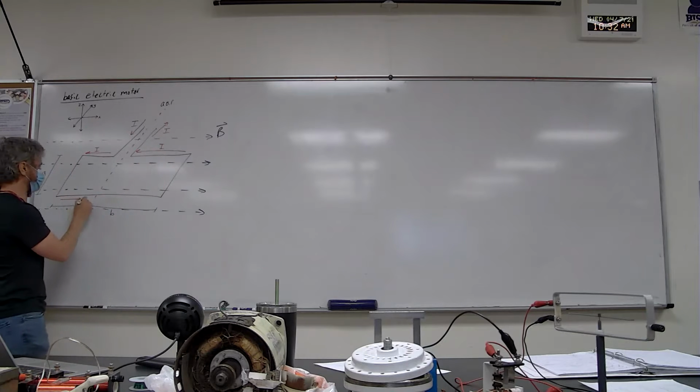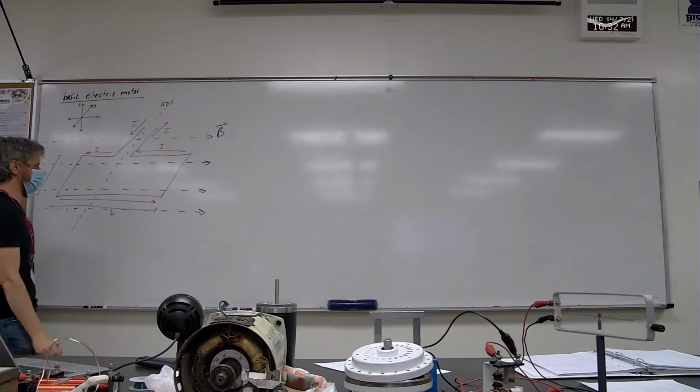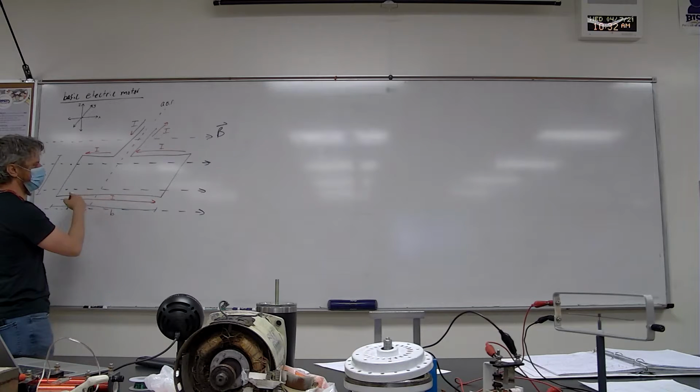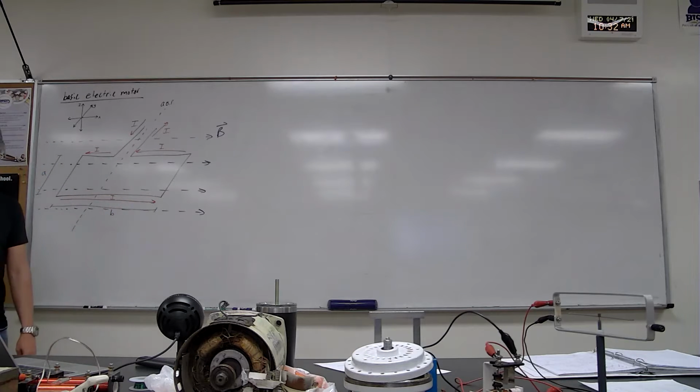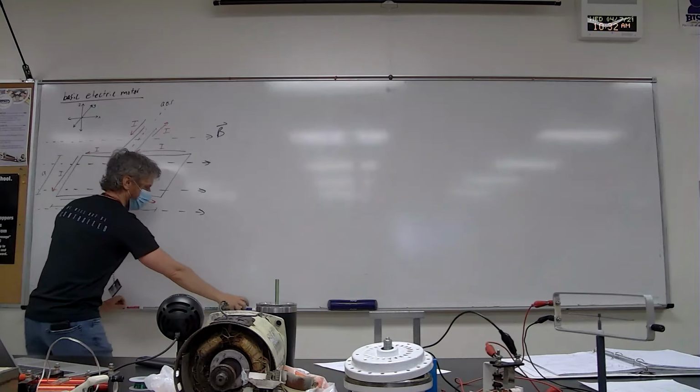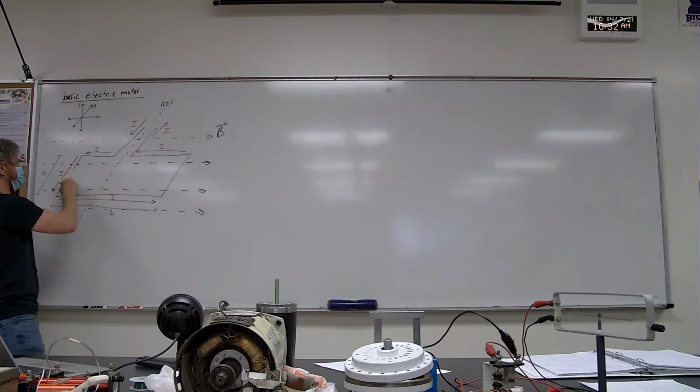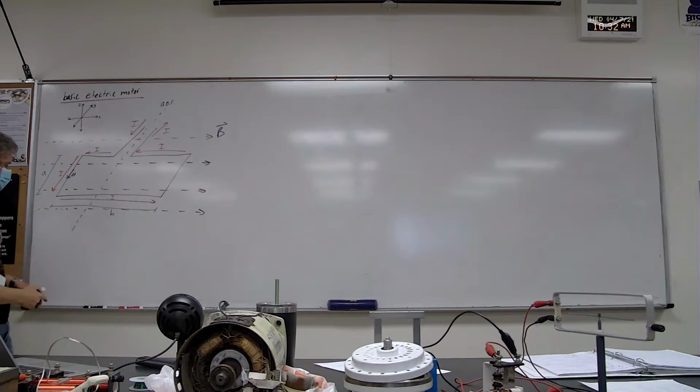What about this segment of the loop? No force. The same current going through that segment, zero force acting on it. Here, though, I do have an angle between the current and B. Technically, it's those little dl vectors, an infinitesimally small current displacement on that wire.